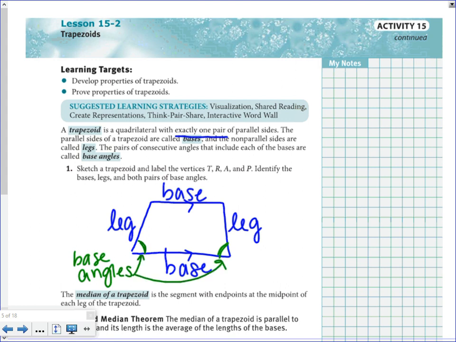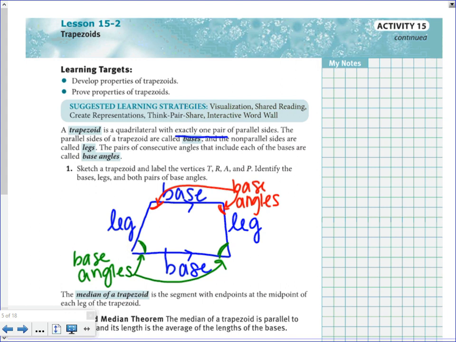However, we have another base at the top. On either side, there are two angles that create a base angle pair. And so those are another pair of base angles. So when you have a trapezoid, you actually end up having two pairs of base angles.